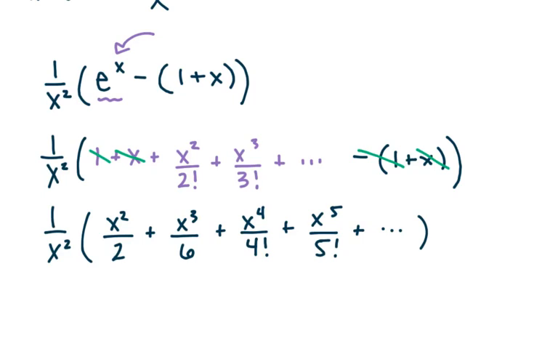If I distribute this 1 over x squared to all my terms, that leaves me with 1/2 plus x cubed over x squared, which just gives me x over 6, plus x to the fourth over x squared, which is x squared over 4 factorial, which is 24, plus x cubed over 5 factorial.